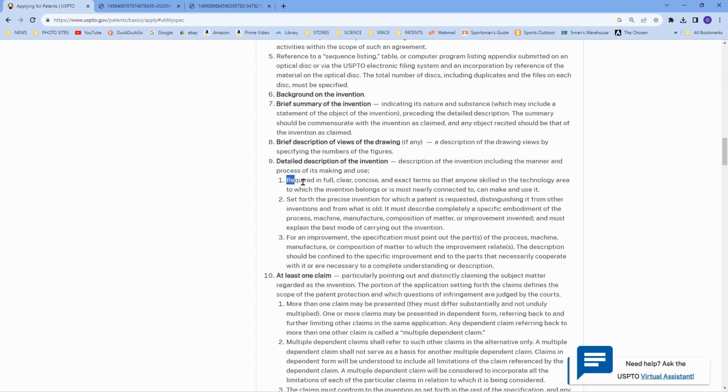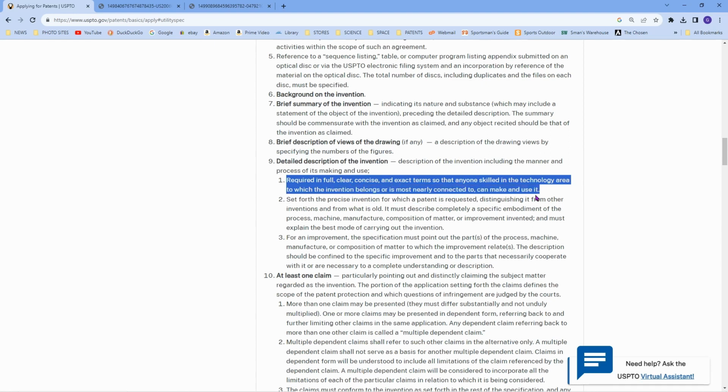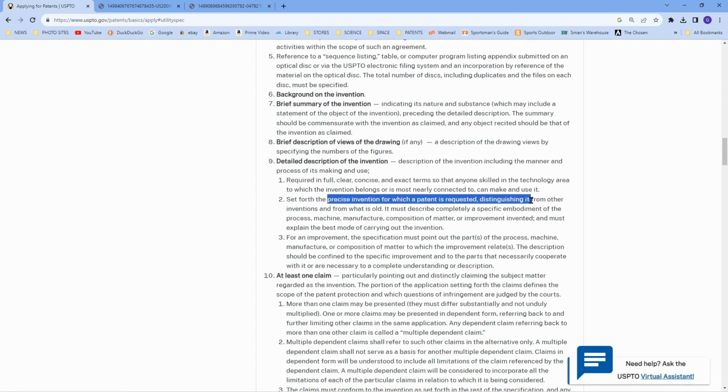And so that's the first criterion for the description portion: that someone skilled in your area, not just anybody, but someone skilled in the area of your invention, can actually manufacture or make that product. Second, you have to precisely describe the invention so that it distinguishes over the other inventions that are out there.